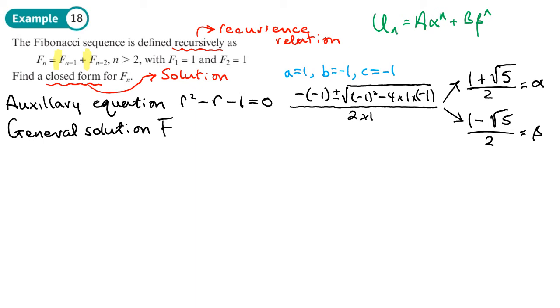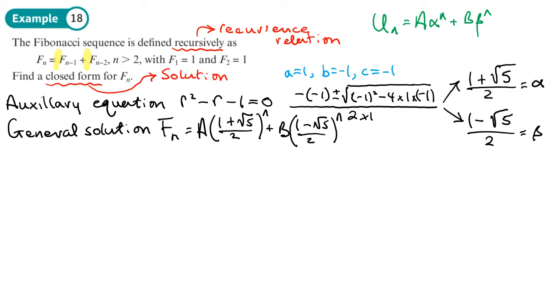So fn equals arbitrary constant a times 1 plus root 5 over 2 to the power n plus b times our arbitrary constant there, 1 minus root 5 over 2 to the power n.